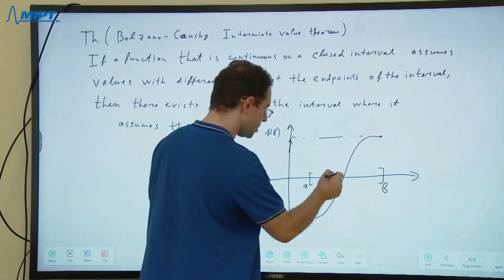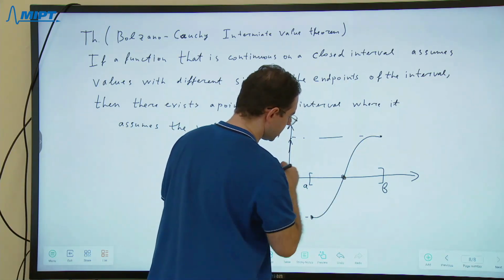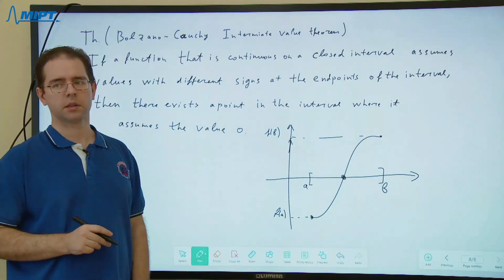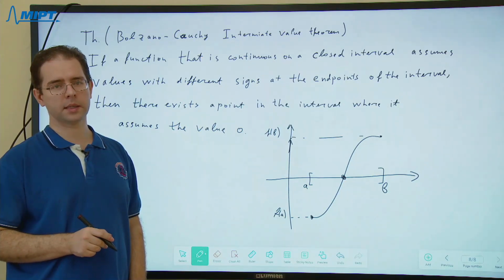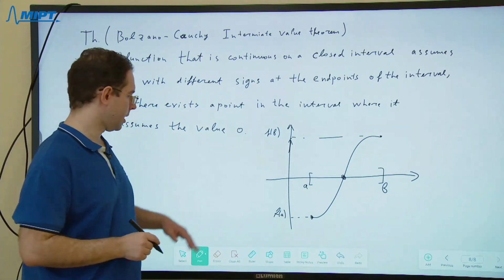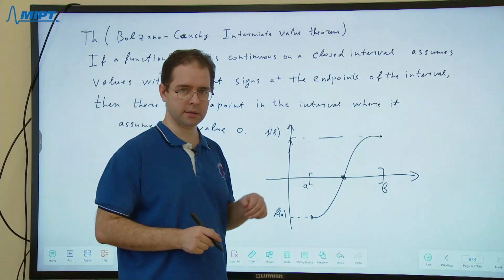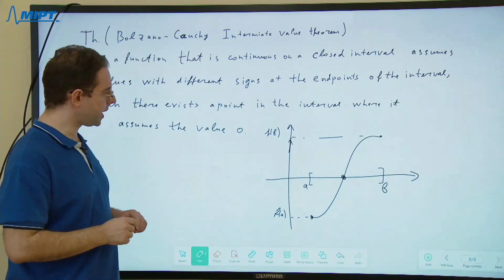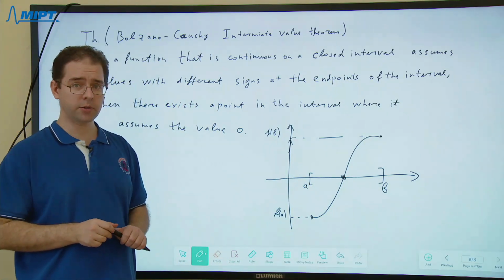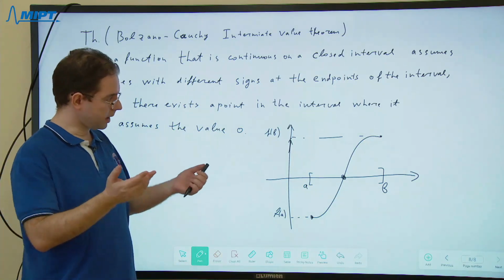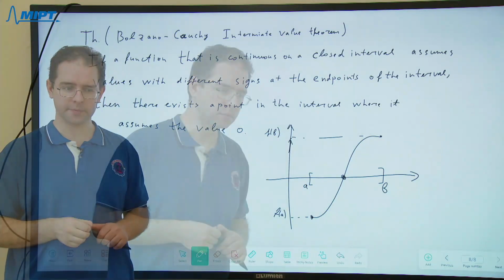So there should be a point somewhere here where this function assumes the value 0. Basically, it means it intersects the x-axis. This seems very obvious geometrically speaking, and the rigorous proof we will discuss next time.